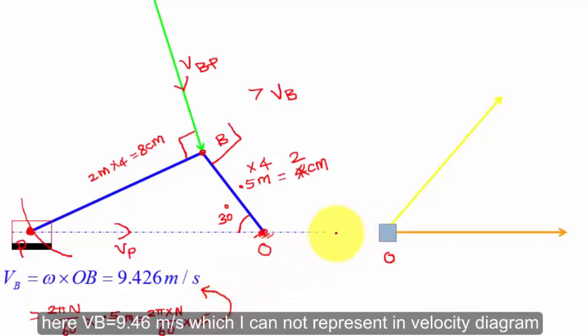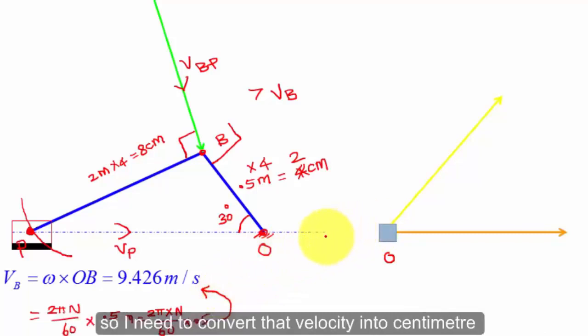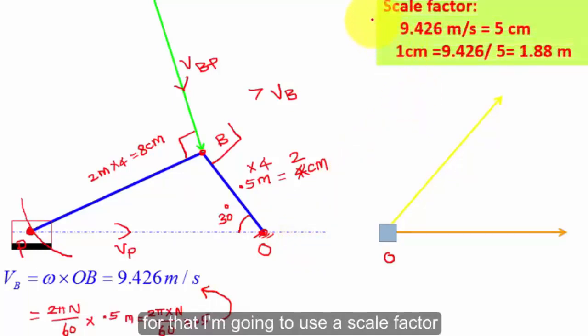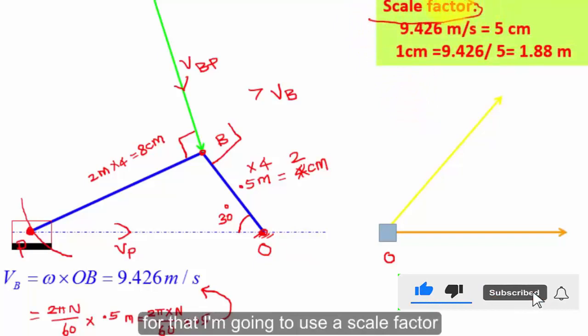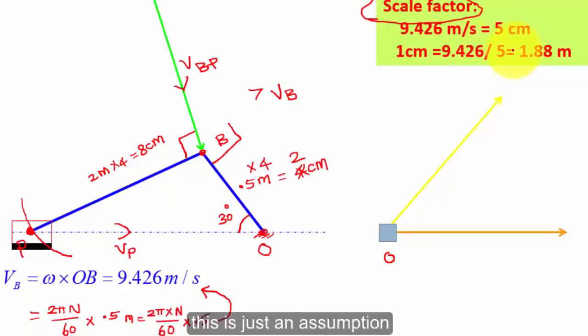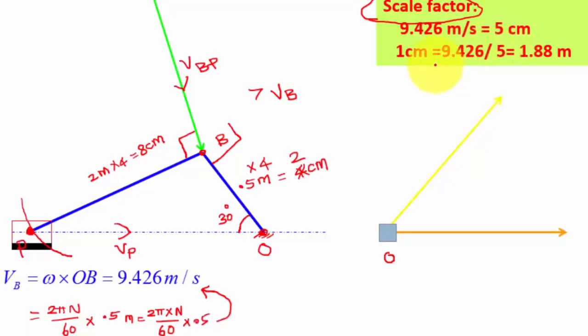So I need to convert that velocity into centimeter. For that I am going to use a scale factor. 9.426 meter per second equal to 5 centimeter. This is just an assumption. Then 1 centimeter equal to 9.426 divided by 5, which is equal to 1.88 meter per second.